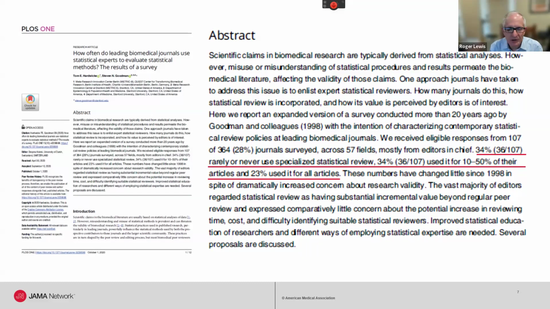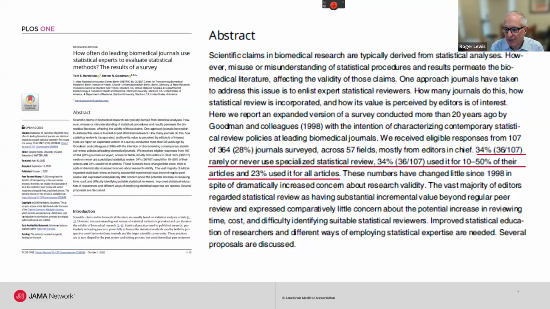But about a third never used statistical reviewers. So they just assumed that their content reviewers knew enough about research design and practice in their area to identify issues with study design and conduct. About a third used it for some articles, and maybe less than a third used it for all articles.